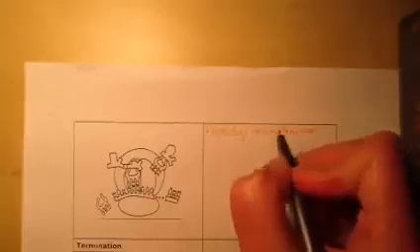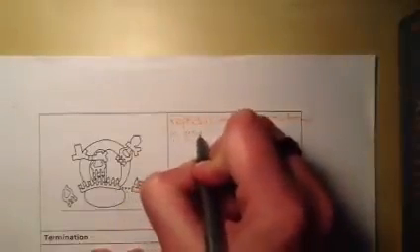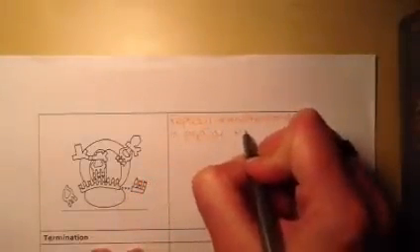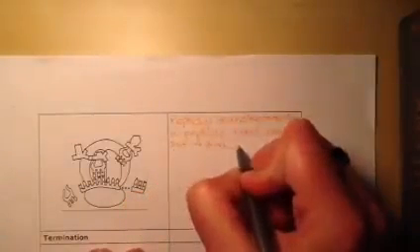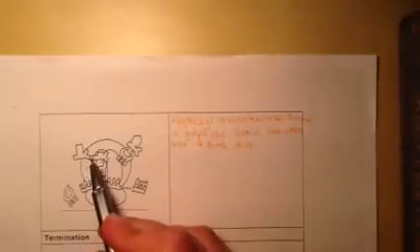So peptidyl transferase is the name of this enzyme that we have to know. It's going to form a peptide bond between the first and second amino acid. Okay, so it's going to form that peptide bond right there.